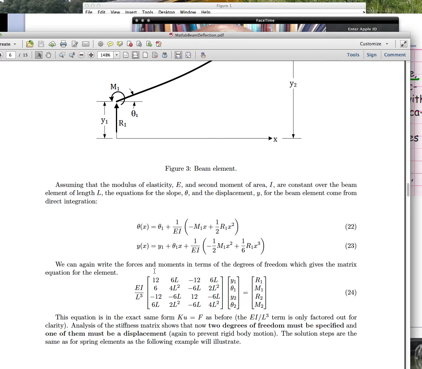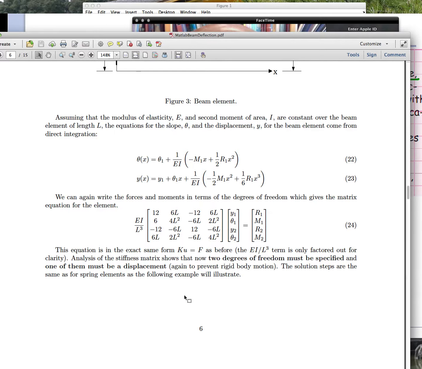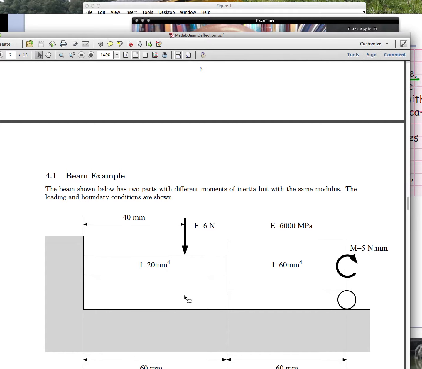So you have a stiffness matrix times the generalized displacements will give you the generalized forces here. So it's in the form of K times the displacement equals F, where K is the stiffness matrix. So generally we have the stiffness matrix, and then we can do it element by element and sum up.